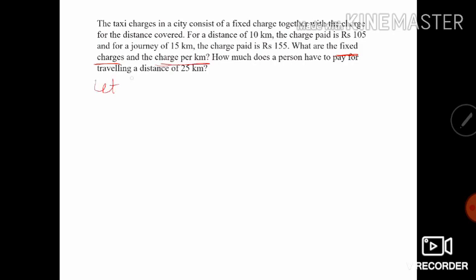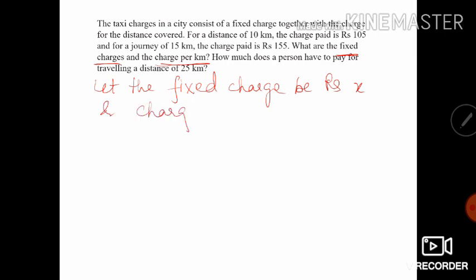The unknown quantities here that we have to find is the fixed charge and the charge per kilometer. So let the fixed charge be rupees X and charge per kilometer be rupees Y. Look at the second sentence of the question.